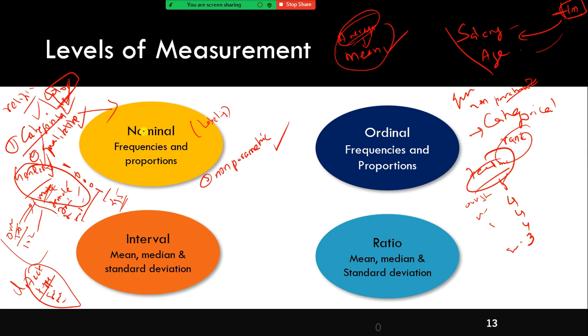But unlike nominal type of variable, in the case of ordinal type of variable, the values that are there in your variable are ranked. If I say 5 is greater than 4 and 4 is greater than 3, it makes sense. If I get rating 5 from the customer, that means the quality of the food is superior.